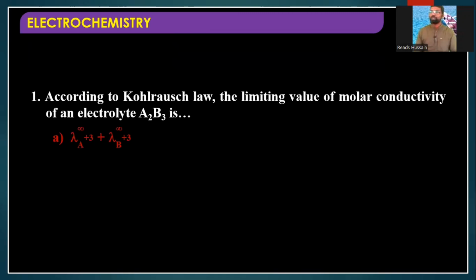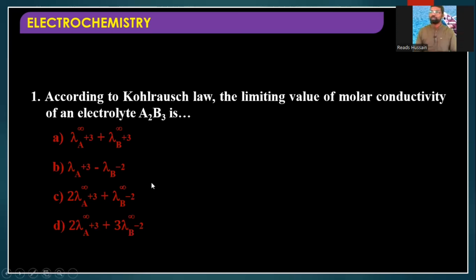According to Kohlrausch law, one small question. According to Kohlrausch law, the limiting value of molar conductivity of an electrolyte A2B3. My dear students, this is very challenging for you, and if you can answer this, really amazing, because I already gave a small hint just a few minutes back.